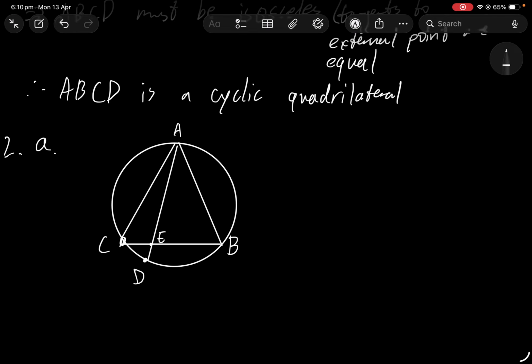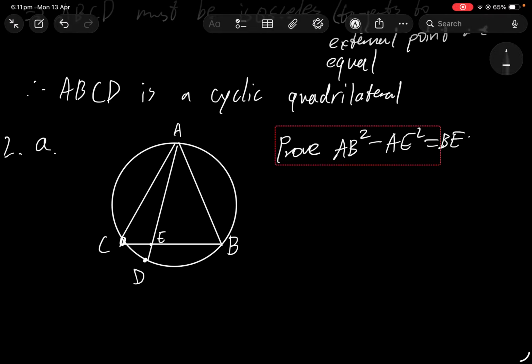So now it gave us an equation to prove. We'll have to prove that AB squared take AE squared equals BE times CE.